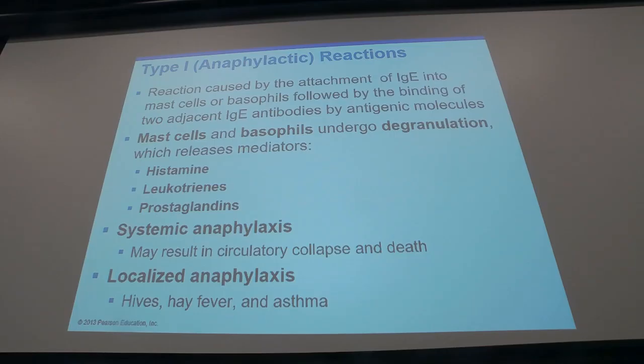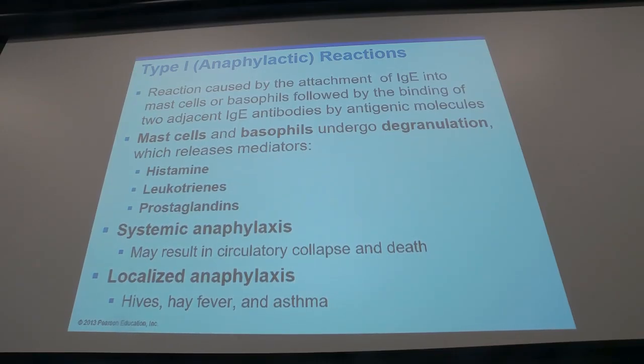And systemic is the one that leads to release of massive amounts of cytokines that can trigger this massive response of our body, leading to a drop in the blood pressure suddenly, and then the person can die. Okay, so these will be the persons who carry their EpiPen.